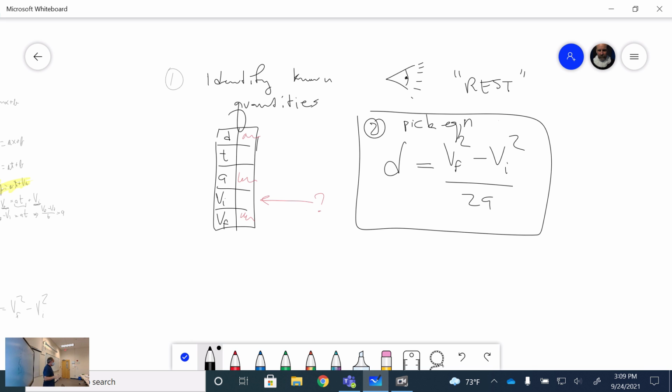And again, I apologize in advance if this seems really tedious to you. I really want you to do this at the beginning, even if it seems tedious. I want you to write this whole equation out. I don't want you to say, oh, I'm going to use that one, and then go through. Write it down.